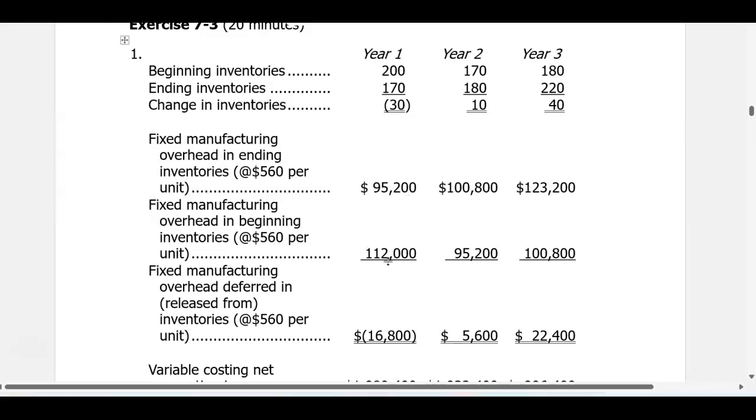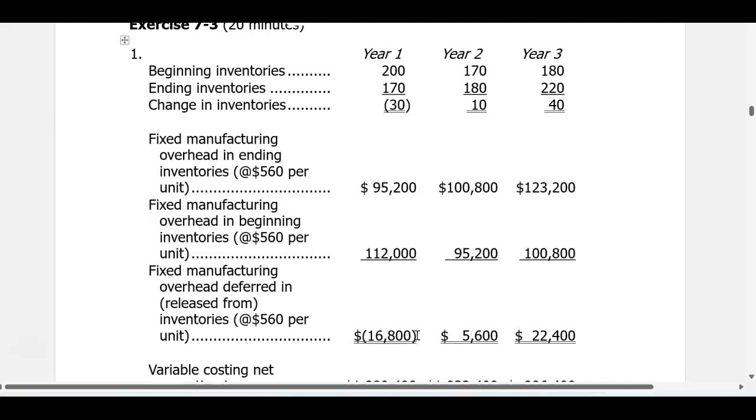Fixed manufacturing overhead in beginning inventory was 560 times 200. Let me calculate. 560 times 200 is $112,000, right? So 95,200 minus 112,000 means the fixed manufacturing overhead released from inventory is 16,800.